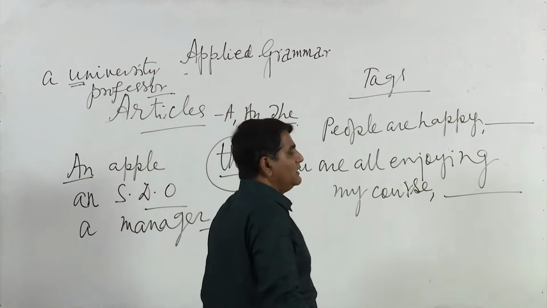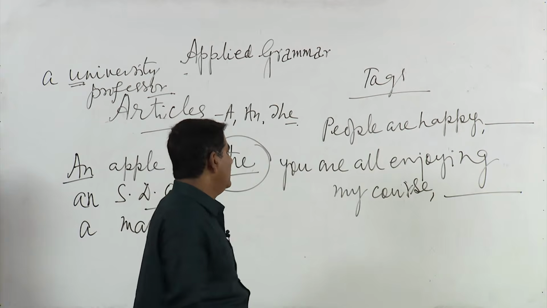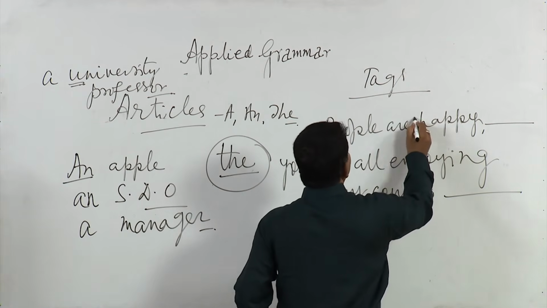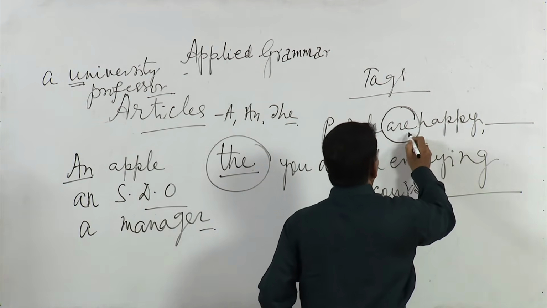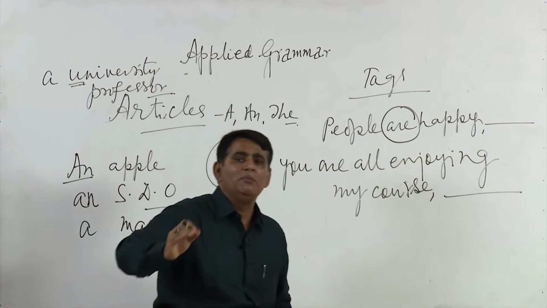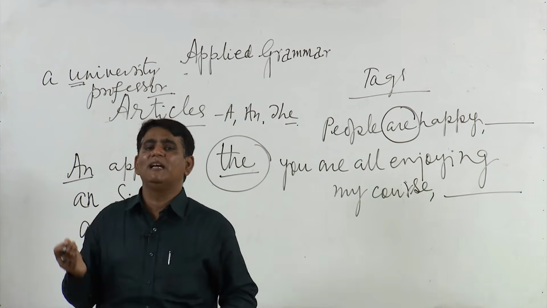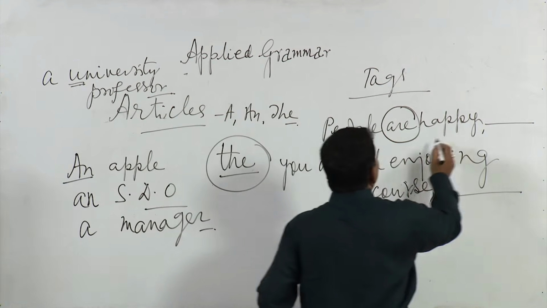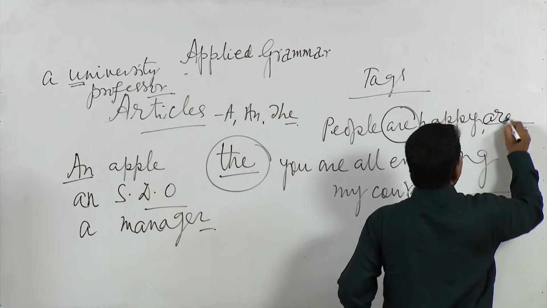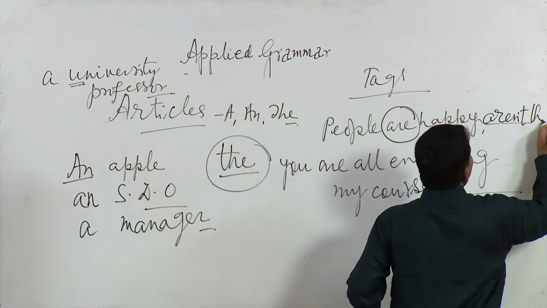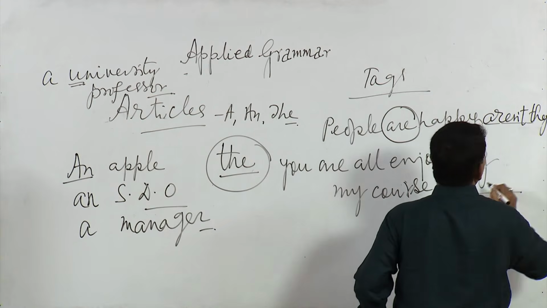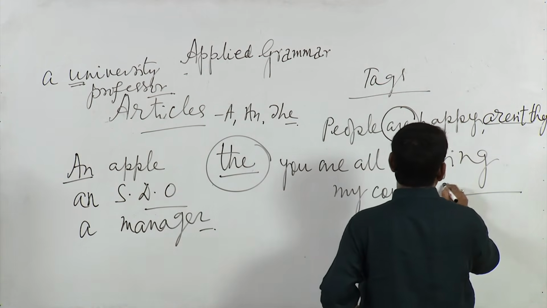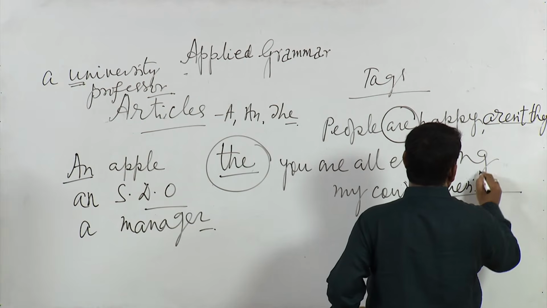Now remember one thing, and you will be very happy, my dear friend. When you have to put a tag, please see what is the verb that has been used, are, and the tag will always be negative, because by putting negative we are getting a sort of confirmation. That is why we say people are happy, aren't they? Again, you are all enjoying my course, aren't you?